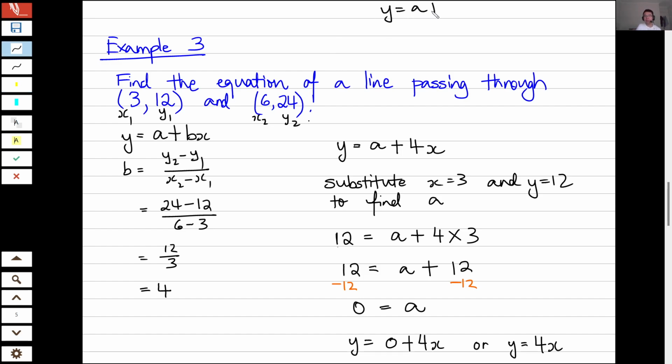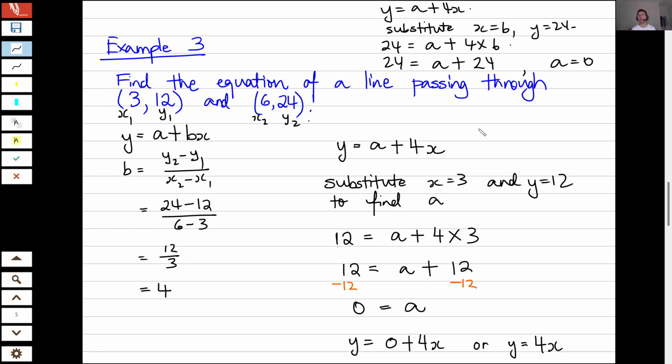Y equals a plus 4x, and this time I'll substitute x equals 6 and y equals 24. So this time 24 equals a plus 4 times 6. 24 equals a plus 4 times 6 is 24, again giving me a equals 0.